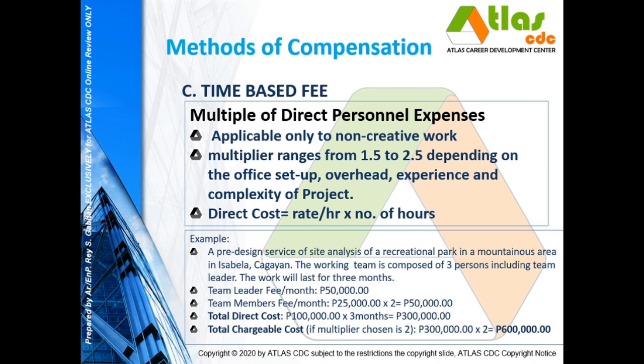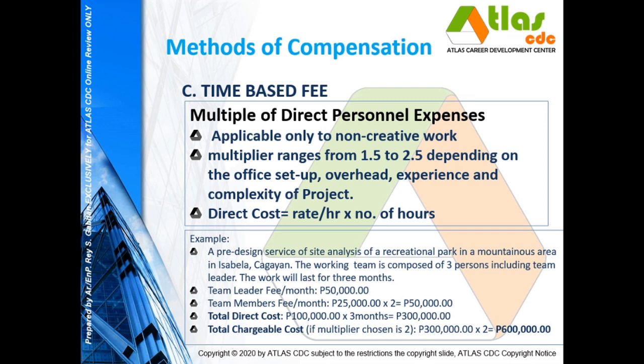Team leader, the fee per month is at 50,000, and since you have 2 members, let's say each one will be at 25,000 per month, so times 2 members will be 50,000 pesos. So the total fee will be at 100,000 pesos, and since the duration is 3 months, the total direct cost will now be 300,000 pesos.